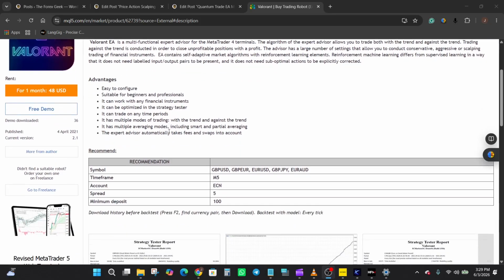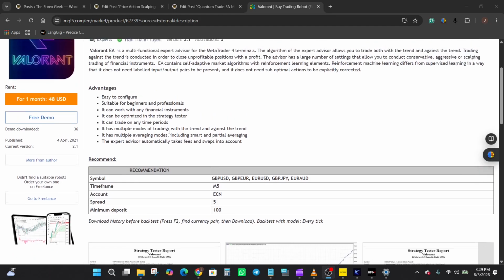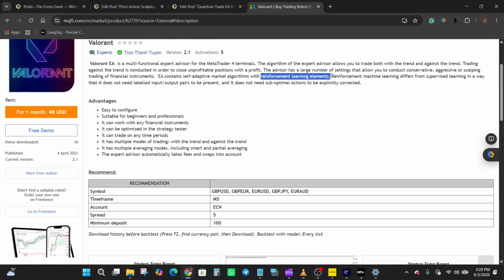Another interesting part is the mention of reinforcement learning elements. So the idea here is that the EA includes adaptive behavior based on market feedback rather than fixed rules alone, which suggests it may adjust its decisions dynamically over time depending on conditions.